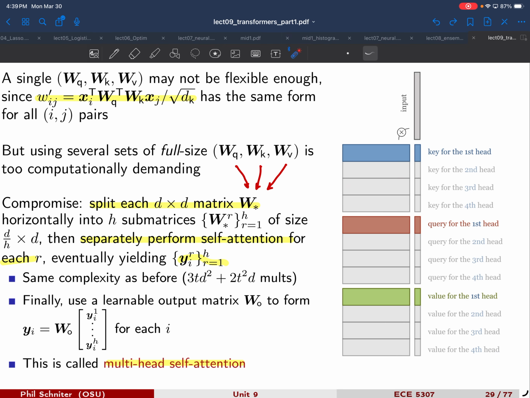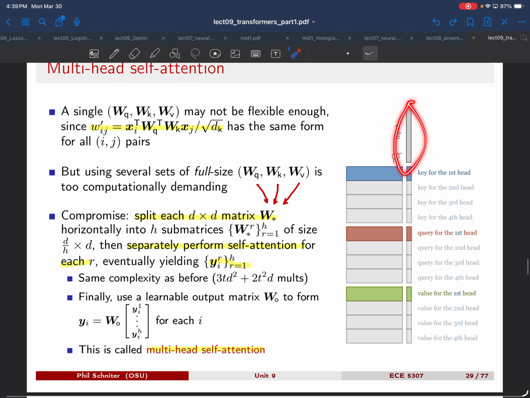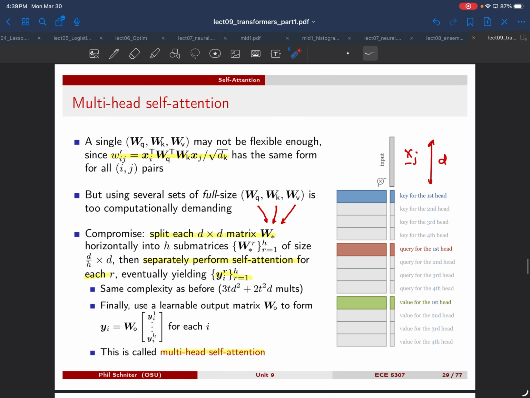And then when you do attention, your input X, maybe this is your XJ, is the full size D. So you do this inner product along this dimension, and this vector is now going to be 1/4 of the size that it usually is. This is 1/4 of the size it usually is. Okay. All right, so that's multi-head self-attention. Any questions on this? Making sense?